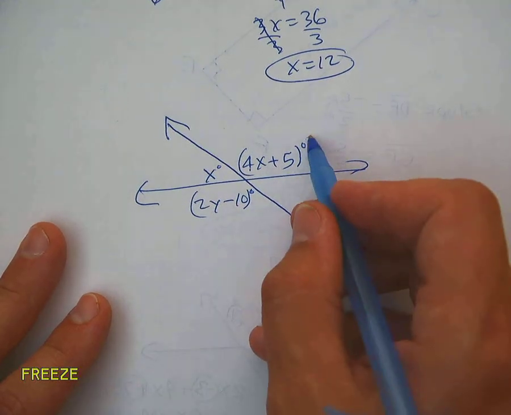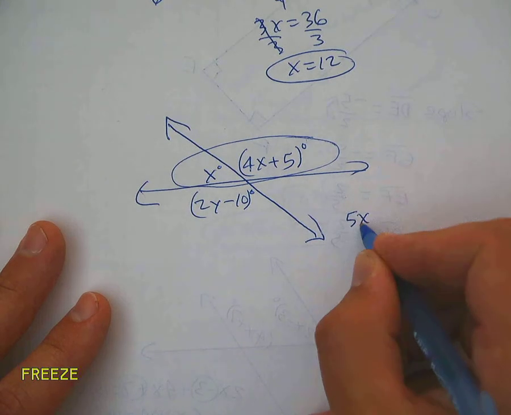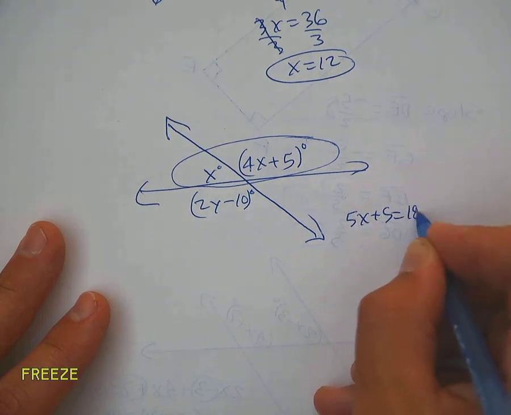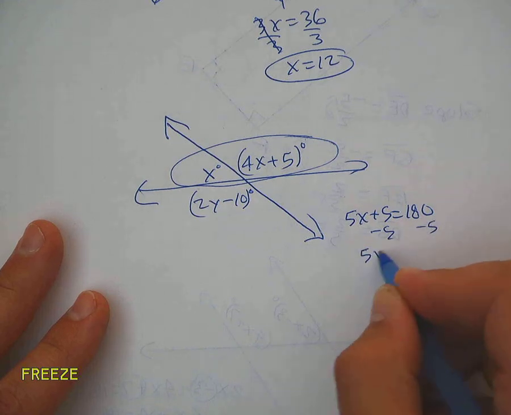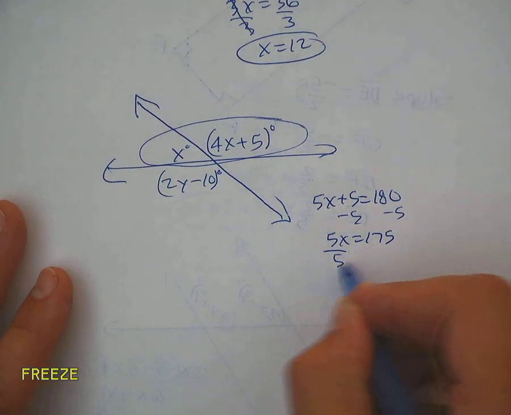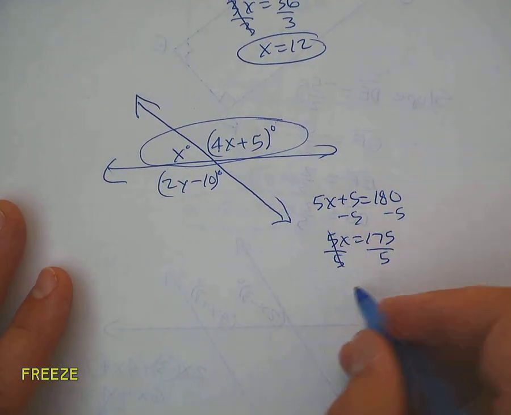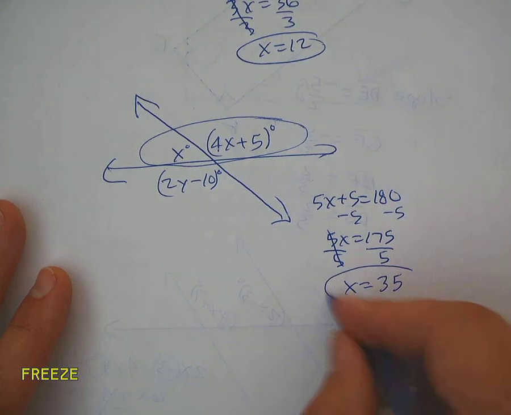The first thing I have to do is do my x's first. So I have 5x plus 5 equals 180. Subtract 5 from each side, and I have 5x equals 175. Divide by 5, and I'm left with x equals 35, if I'm not mistaken.